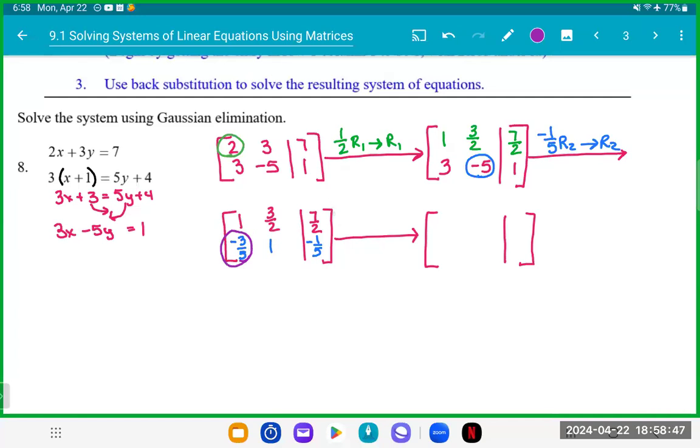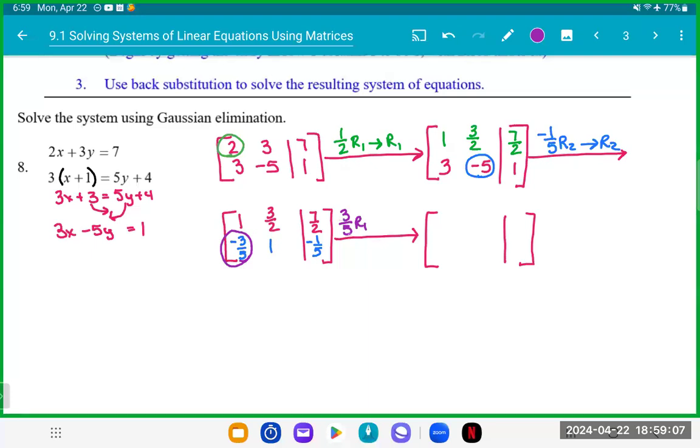So if I did positive 3/5 of row 1, I'll show you how this is actually going to undo doing our 5, and that's in how we end up having to do extra steps.